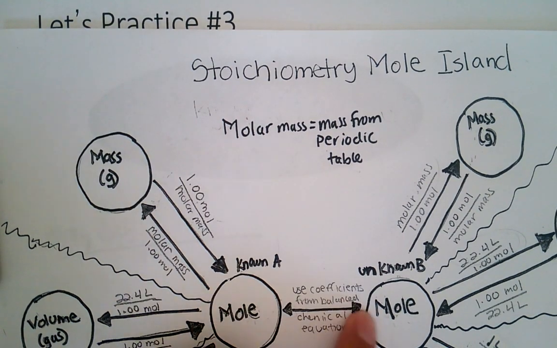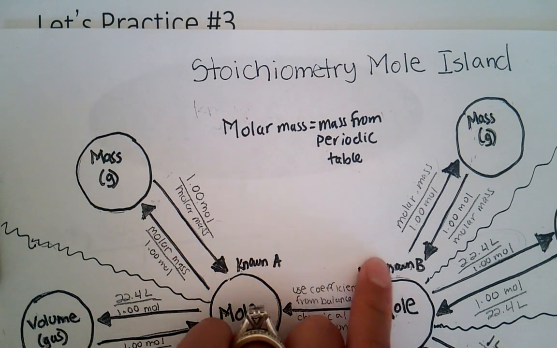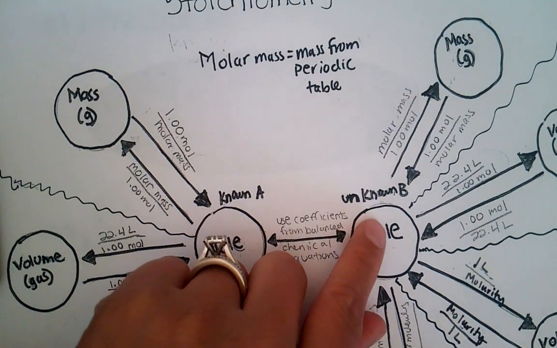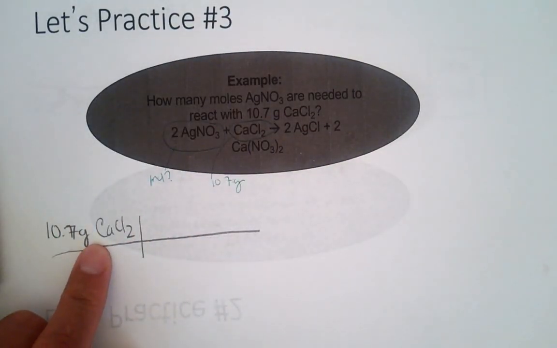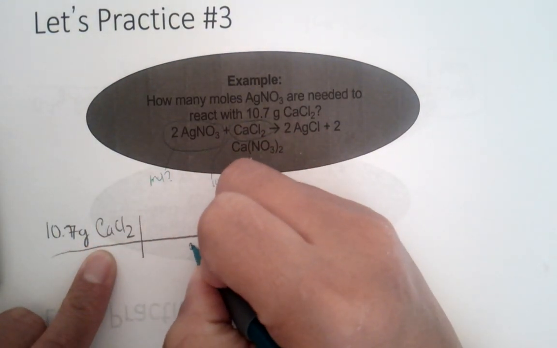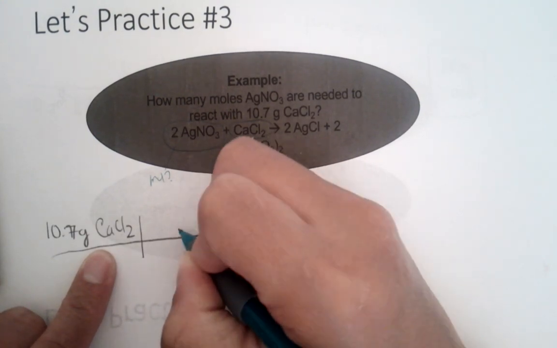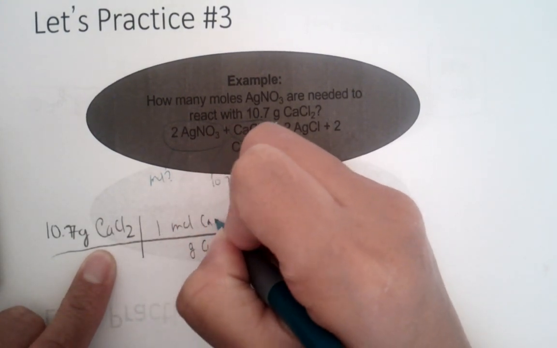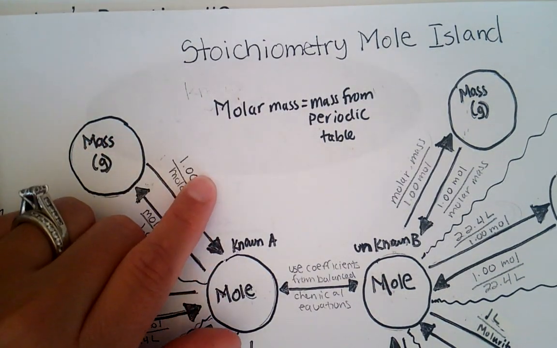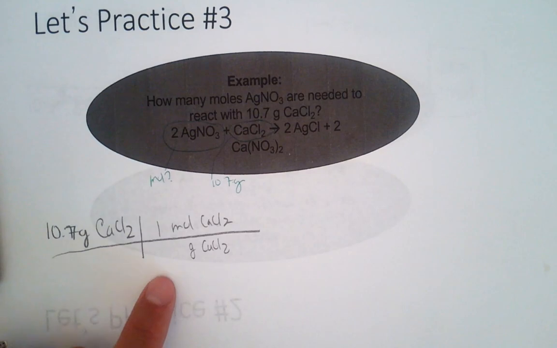Not these moles, but these moles, okay? Because we're always going towards unknown. So we want to know the grams of CaCl2 over 1 mole of CaCl2. How come I know I use this one? Because remember, since we're going down, the 1 mole's at the top, sorry, the molar mass is at the bottom.